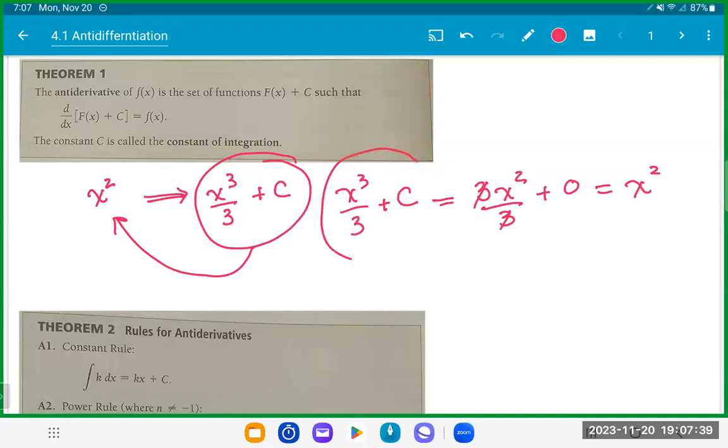And so my original function would be this x cubed over 3 plus c, and my derivative of that would be x squared. So when I'm doing the antiderivative, I'm given the derivative and asked to tell you the formula. Okay, question.